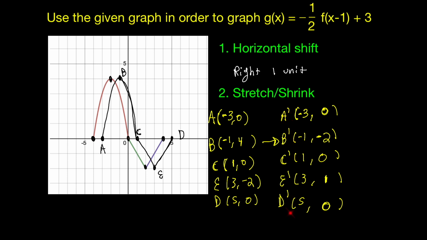Now that I've multiplied each one of these coordinates by that scalar, I'm going to begin to plot these new points. So let's begin with A prime. So A prime is going to be at -3, 0. So that one does not move. So that's A prime. B prime is at -1, -2. So at -1, I'm going to go down 2 units.